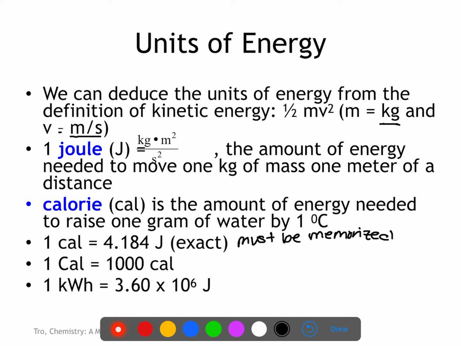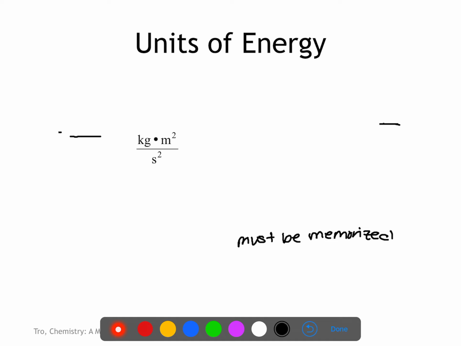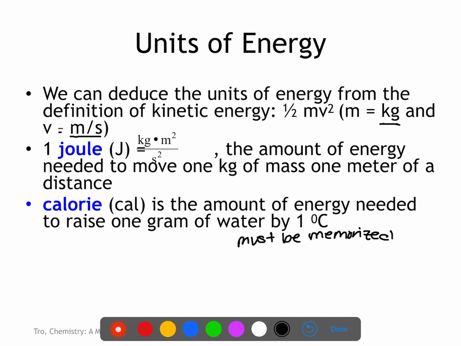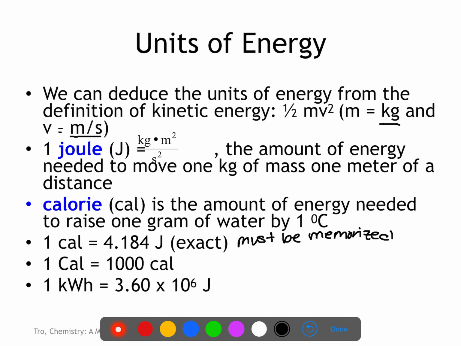Just a little review on some units of energy. Another important point is that most of the time joules are given in kilojoules, so that conversion factor is really important. It's just like any prefix we've learned already, where 1,000 is a kilo. So 1,000 joules is 1 kilojoule.